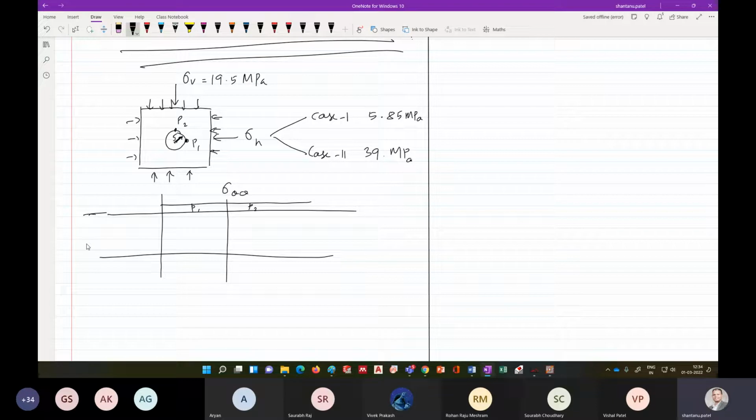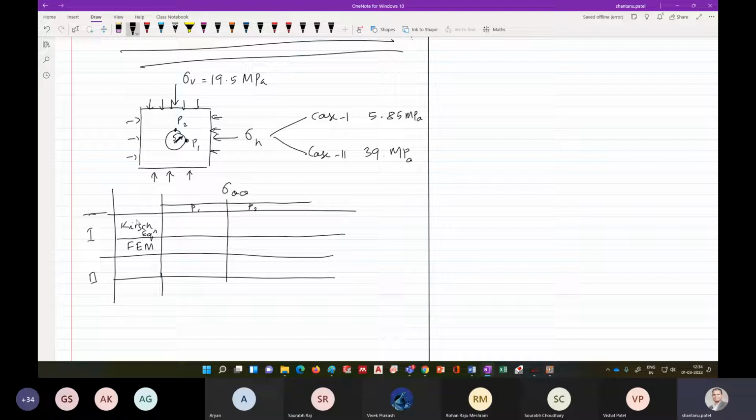So we have case 1 and case 2, and what we are doing here is comparing the Kirsch equation with our FEM result. So what is the Kirsch equation giving for this and this, and what is FEM giving.